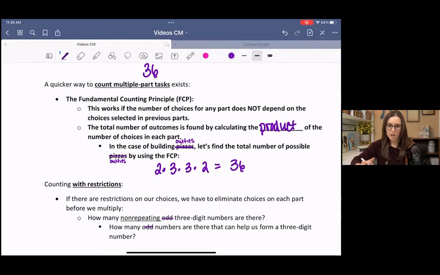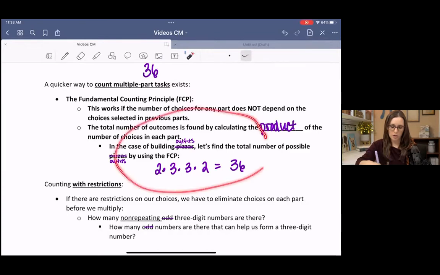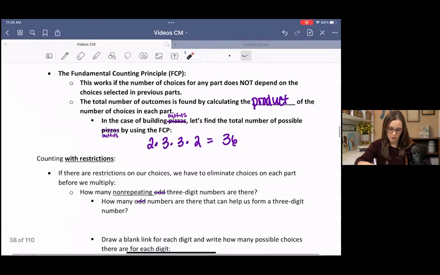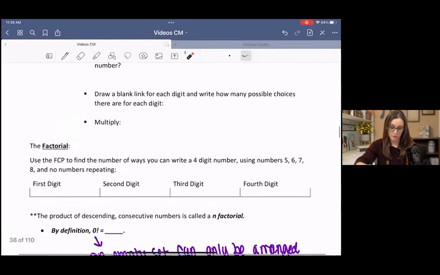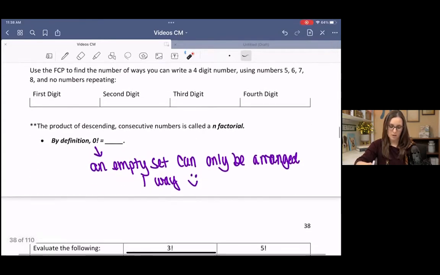Now, if there is a restriction, we have different guidelines that we have to follow. So this was where each choice didn't depend on the previous choice necessarily. So I want to go down here. I'm going to come back to this question, but I want to start with a simpler one first. And this is also going to introduce the idea of a factorial, the definition of a factorial.